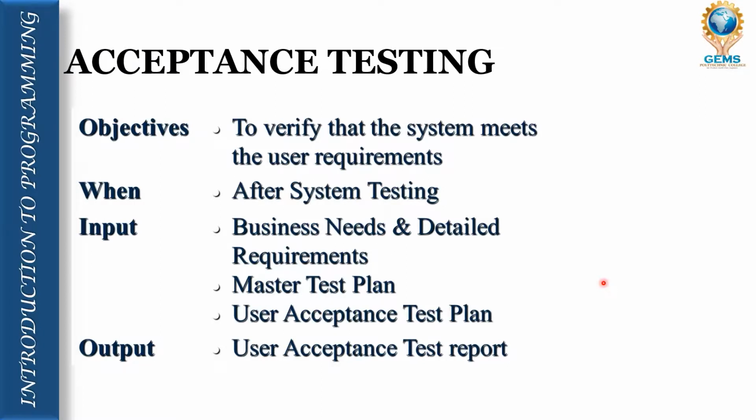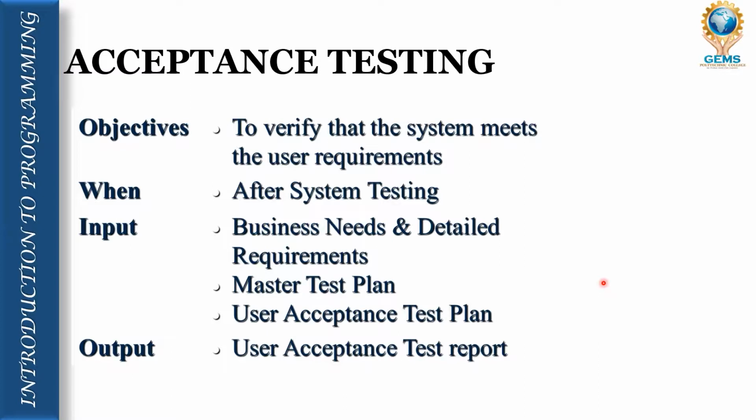What will be the input of the acceptance testing? Business needs or detail requirement. That means here the detail requirements talk about the SRS, and we must have a master test plan and we must have the user acceptance test plan. So the SRS must have the user acceptance test plans.